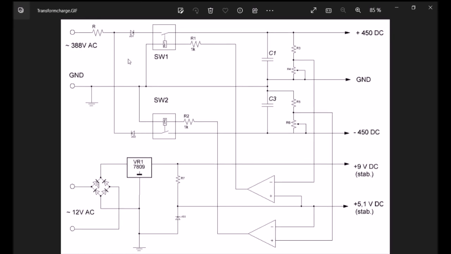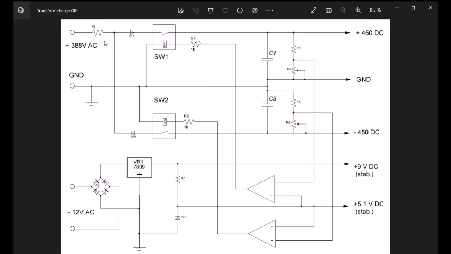Okay, what can we do with 388 volts AC? How can we get the above-mentioned 2 shoulders to charge? Very simply, we divide this voltage into 2 branches. This is the negative and this is the positive branch. They have rectifying diodes, these 2 diodes.